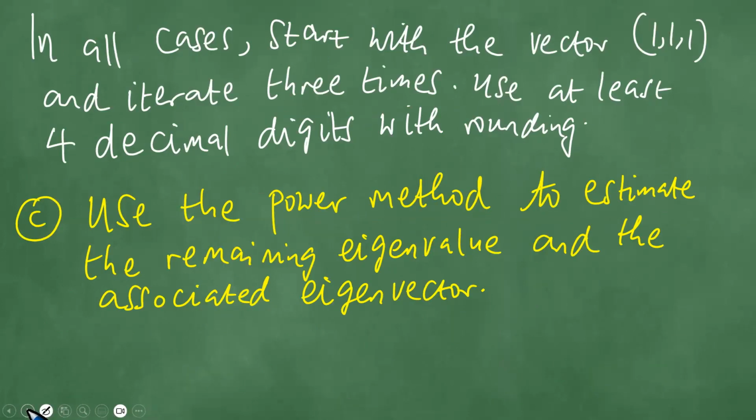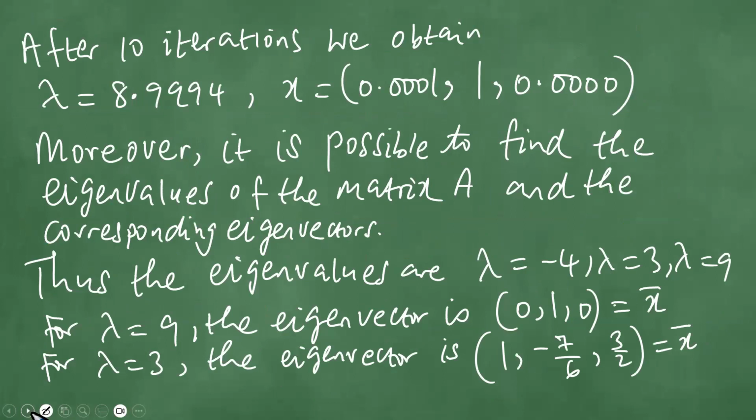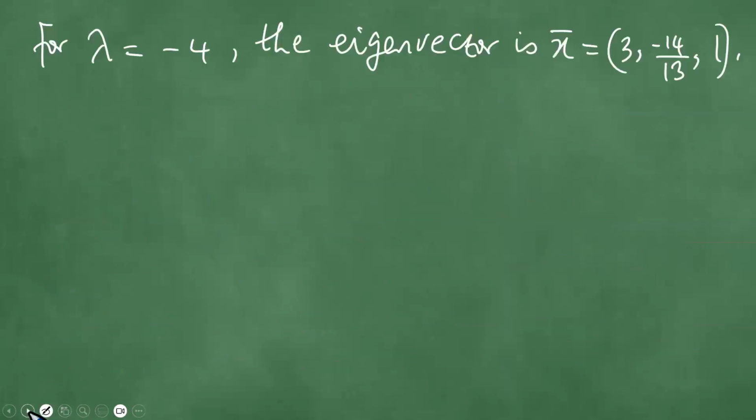So now we're going to deal with the least one, but I said ready to use the power method. You don't need to compute the eigenvalues first. That's the point. But now we're focusing on part B.